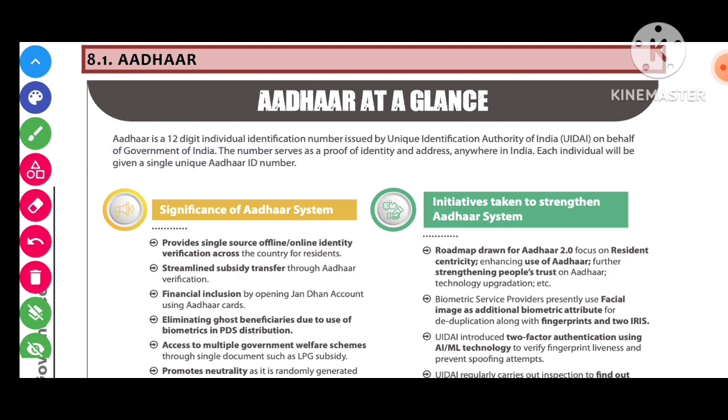The number serves as a proof of identity and address anywhere in India. Each individual will be given a single unique ID, Aadhaar number, and Aadhaar is important because it has come in the UPSC IAS exam prelims examination. Okay, in I think 2020 or 2019.